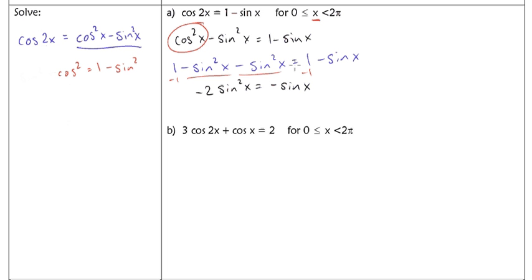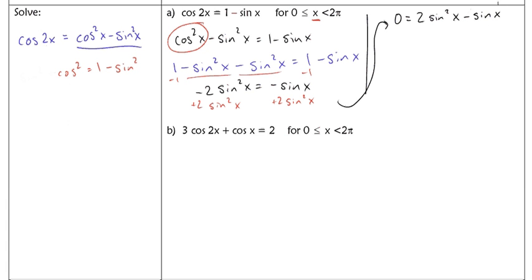All right, from here, what can we do? Well, let's add 2 times the sine squared of x to both sides. And we are going to get 0 equals 2 times the sine squared of x minus sine of x.